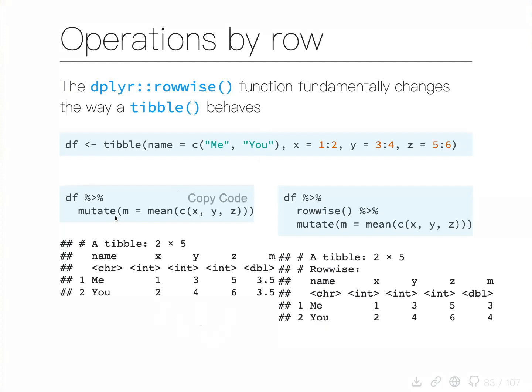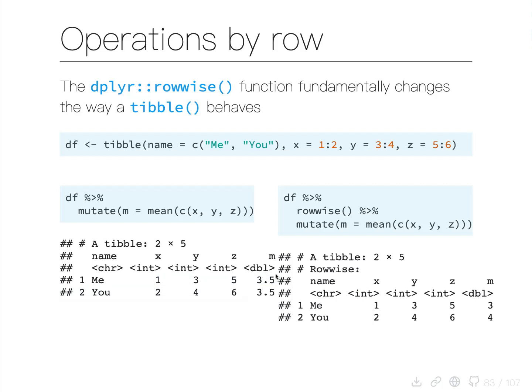But if I just say M is equal to the mean of X, Y, and Z, what ends up happening is these columns all end up getting collapsed into a single vector, and we're computing the mean of that vector. So what we're actually doing is computing the mean of all of this, 1, 2, 3, 4, 5, 6. Whatever that value is, it's of length 1, so it just gets repeated for every single row of the data set.